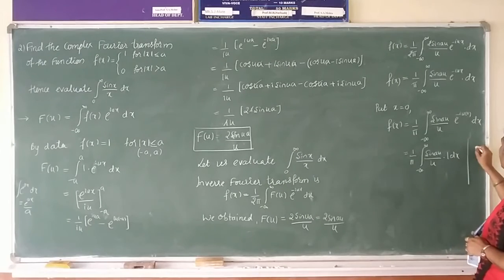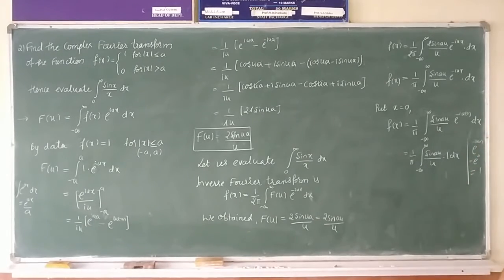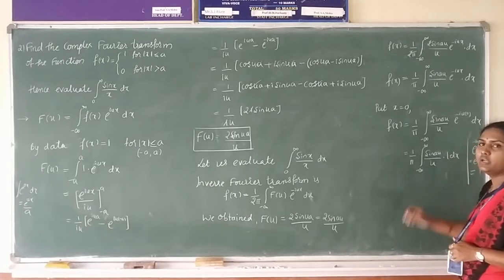Because e to the power iu into 0 is e to the power 0, and the value of e to the power 0 is 1. Therefore I have written it as 1.